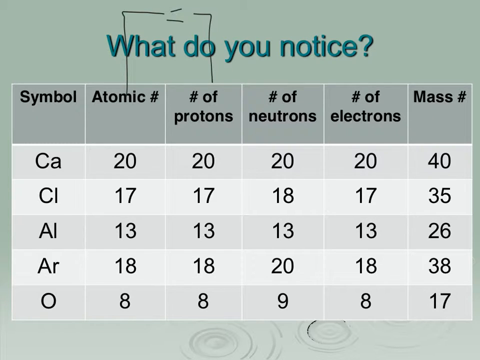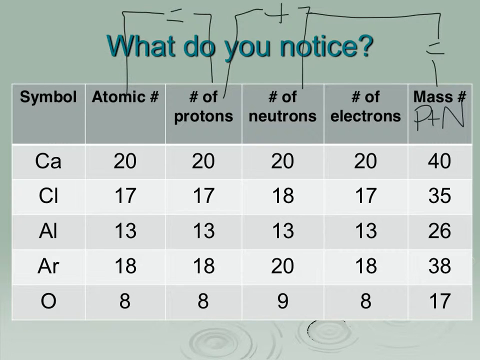Those are always going to be the same no matter what. Another observation is that your number of protons plus your number of neutrons is going to be equal to your mass number. So protons plus neutrons is equal to your mass number.